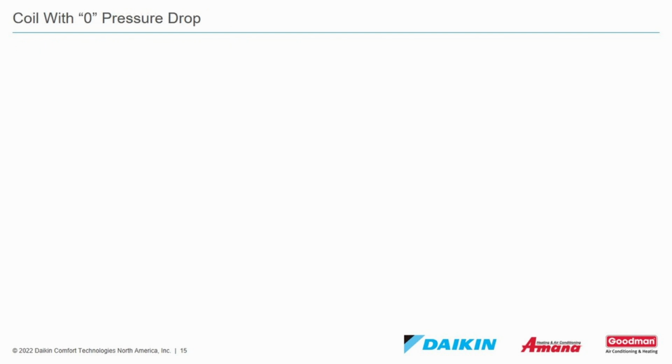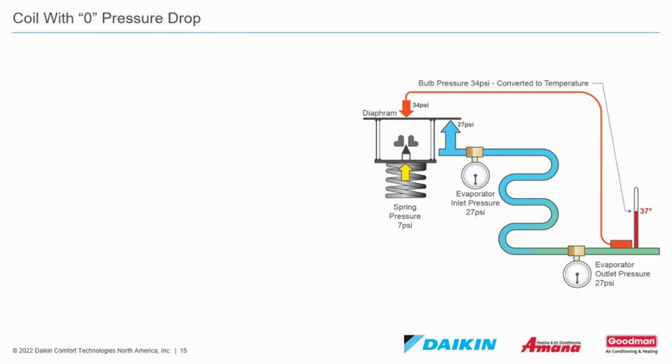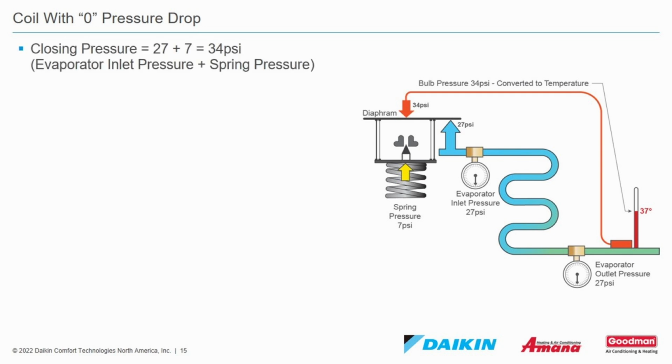On an evaporator coil with a 0 psi pressure drop, you can see on the diagram on the right that the evaporator inlet pressure is 27 psi and the outlet pressure is 27 psi. So we have a 0 psi pressure drop. So the closing pressure equals the 27 psi plus 7 psi spring pressure equals 34 psi, evaporator inlet pressure and spring pressure.